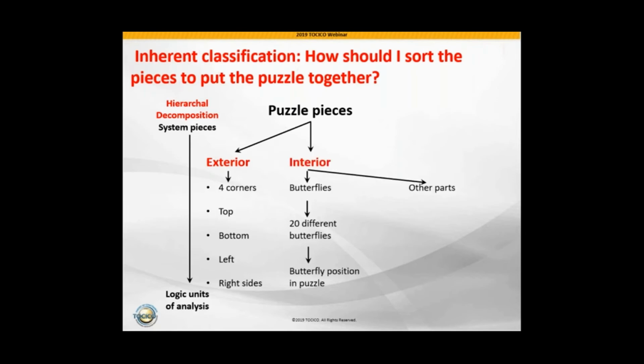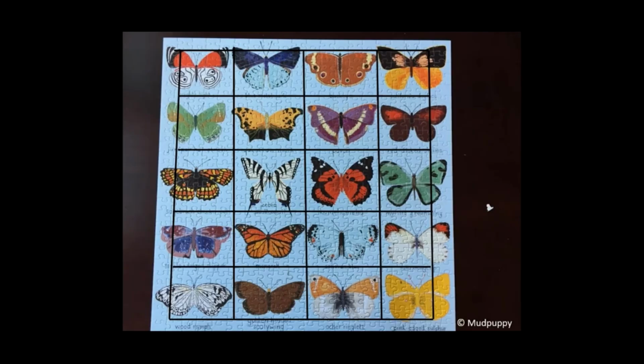The interiors, I probably sort out into butterflies first, those pieces that have parts of butterflies on it, and those pieces that don't have parts of butterflies on it. I then probably take the butterflies and sort them into the 20 different butterflies. And then I might even position those 20 different butterflies into where they appear in the puzzle. So this is what I now have.